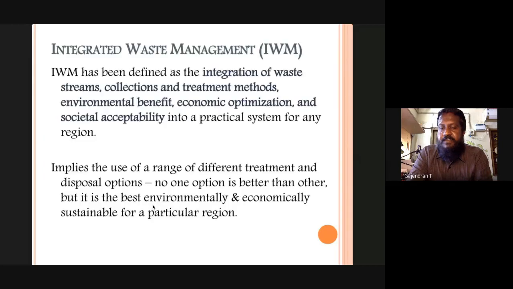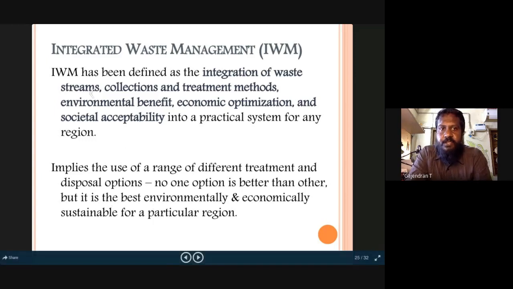Integrated waste management, we know about this. What are the different kinds of waste? How can each waste be segregated, and in what way can it be utilized? That is integrated waste management. If you want the term definition, it is defined as integrated streams, collection, and treatment methods, environmental benefits, economic optimization, and social acceptability into a practical system for any region.